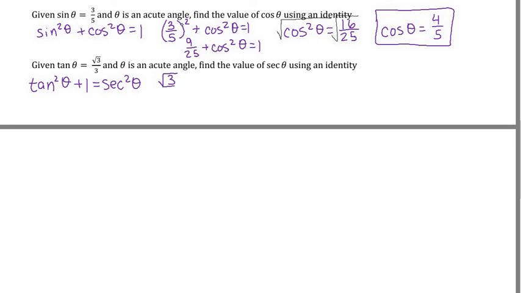So square root 3 divided by 3 squared plus 1 equals secant squared theta. 3/9 plus 1 equals secant squared theta. So we have 12/9 equals secant squared theta.